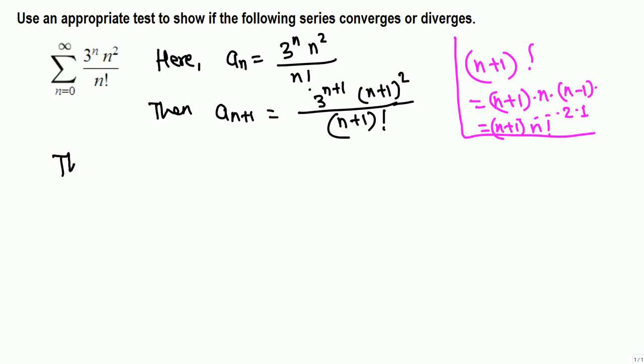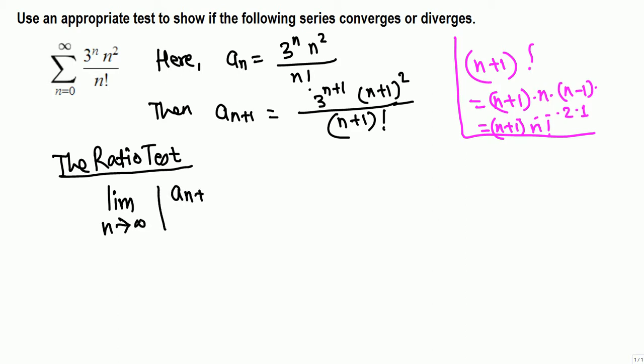Now we are using the ratio test. Everything is positive, so we don't need absolute value. So the limit as n goes to infinity of a_(n+1) over a_n. I put the absolute value, but it was not needed.